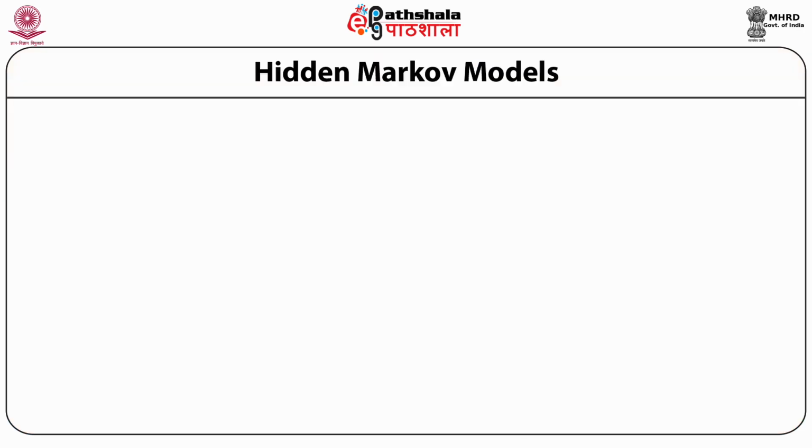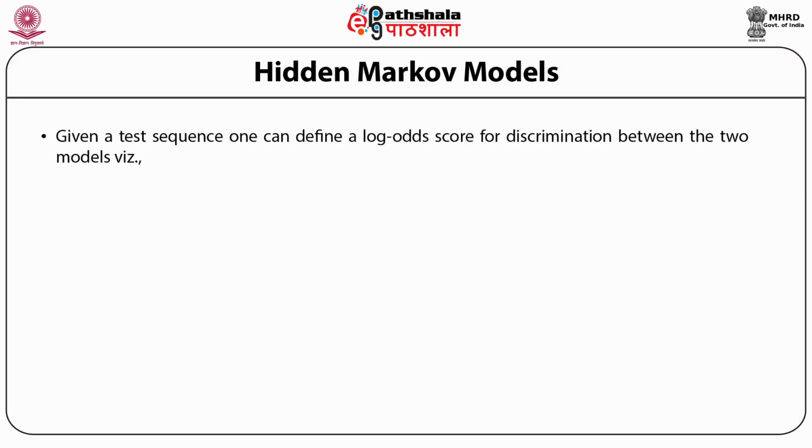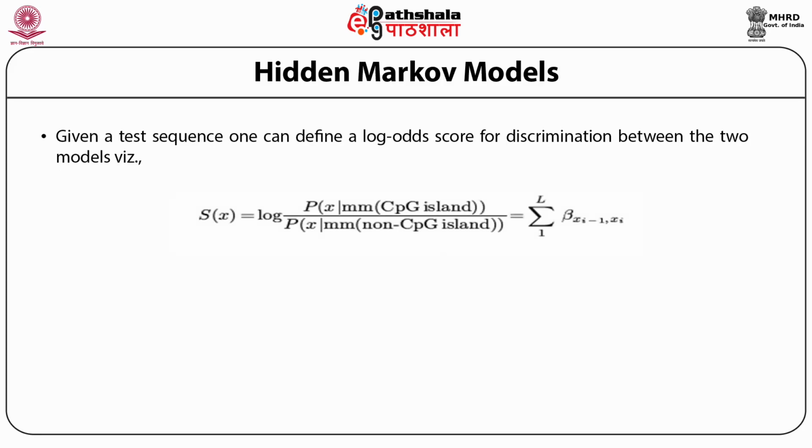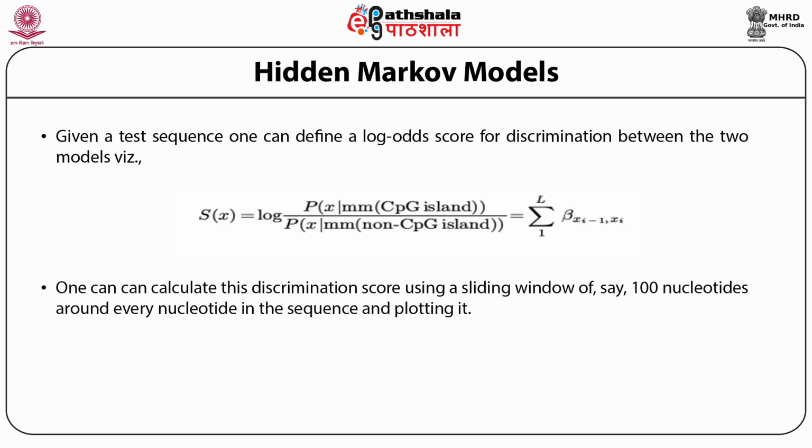So again, let me reiterate. Given any test sequence, we run it through two separate Markov models, one for CpG islands, one for non-CpG islands, take the log-odds score and get this log-odds score S. One can then use this discrimination score in a sliding window of say 100 nucleotides and plot it, and whenever this discrimination score is higher than a certain threshold, we claim that this is a CpG island.